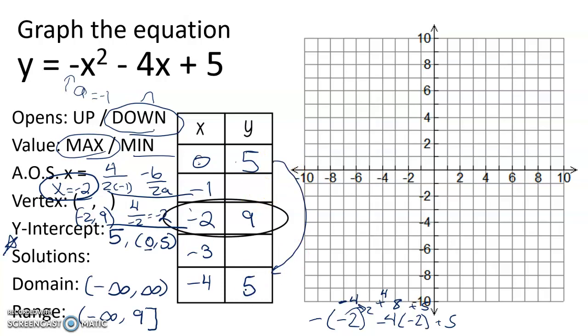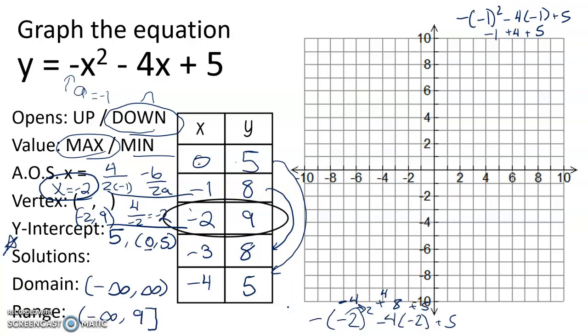I'm going to plug in -1. Figure that one out. I'll do that one up here. So negative of -1 squared minus 4 times -1 plus 5. This right here is going to be -1 plus 4 plus 5. That's going to get me, well, let's see. It's going to get me 8. So this one right here is going to be 8, okay?